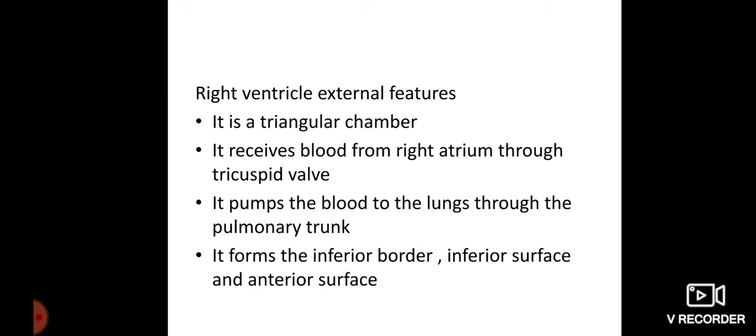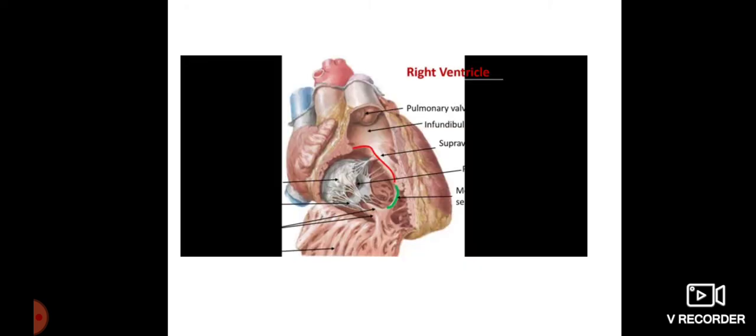It forms the anterior surface, the inferior border as well as the inferior surface. These are some of the external features of the right ventricle.